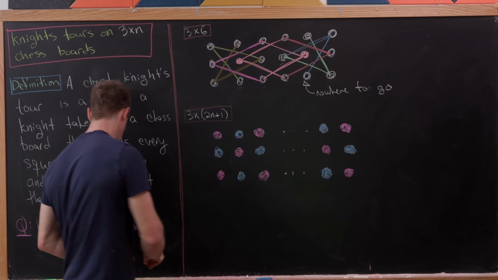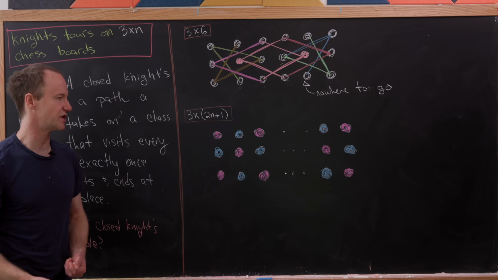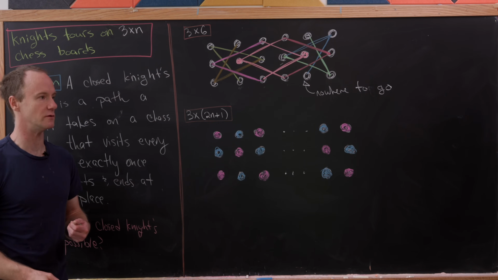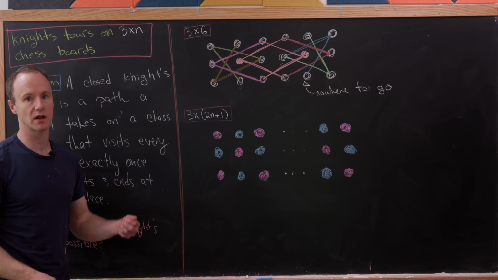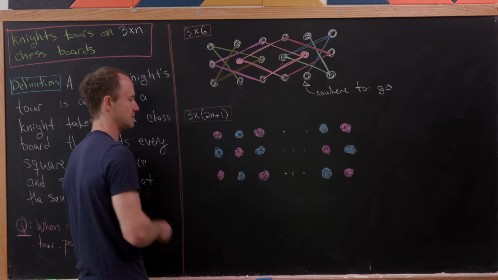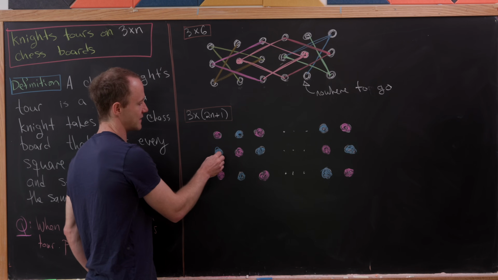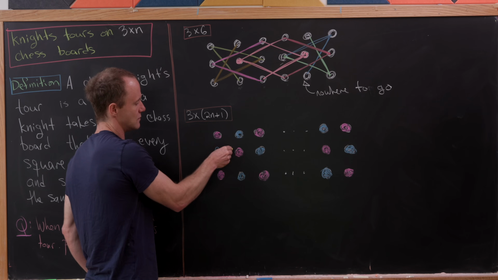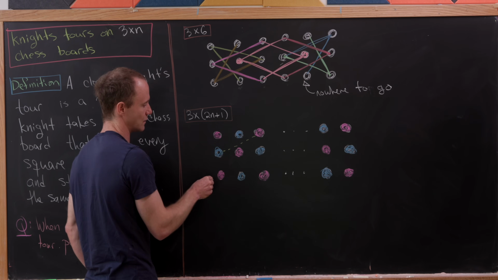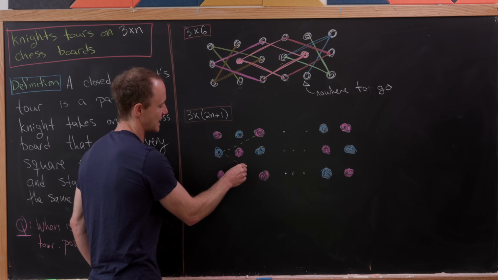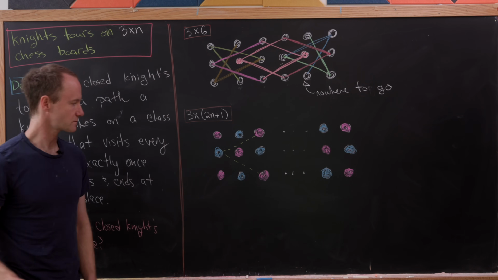And then the next really important thing here is to notice that any knight's move will start on one color and end on another color. So let's say our knight starts on this blue one right here. Well, then the knight is allowed to move over here to this magenta one, or down here to this magenta one.